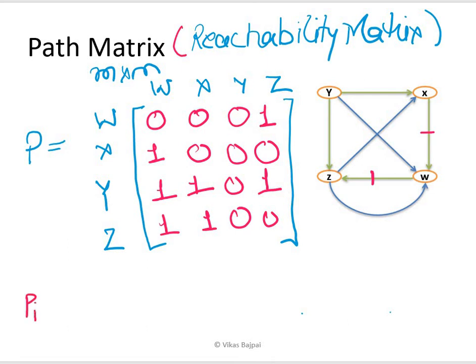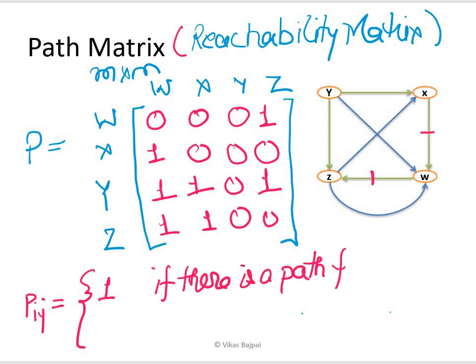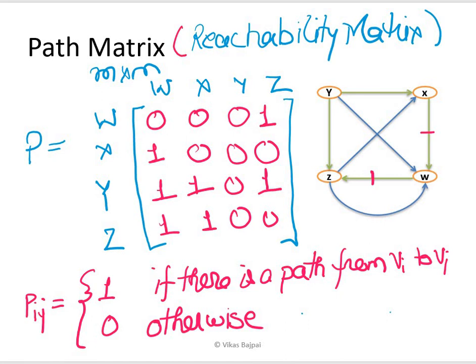For Pij, we have 1 if there is a path from Vi to Vj, and 0 otherwise. This path matrix is also a sequential representation, just like your adjacency matrix.